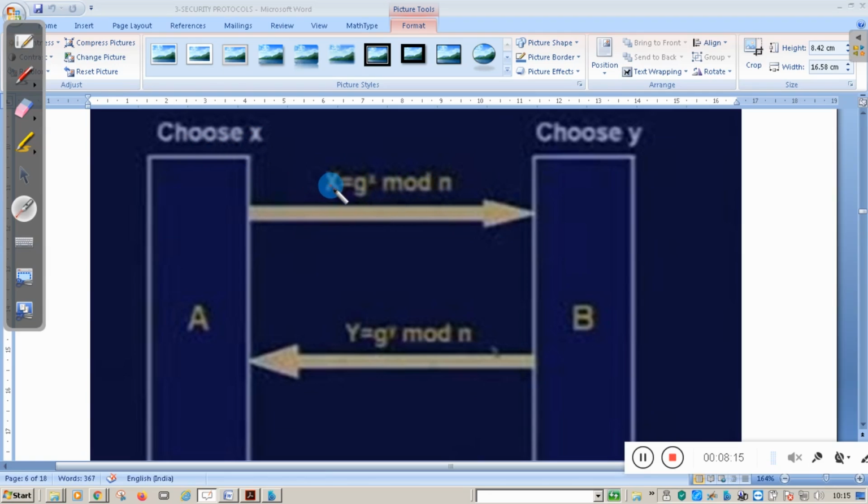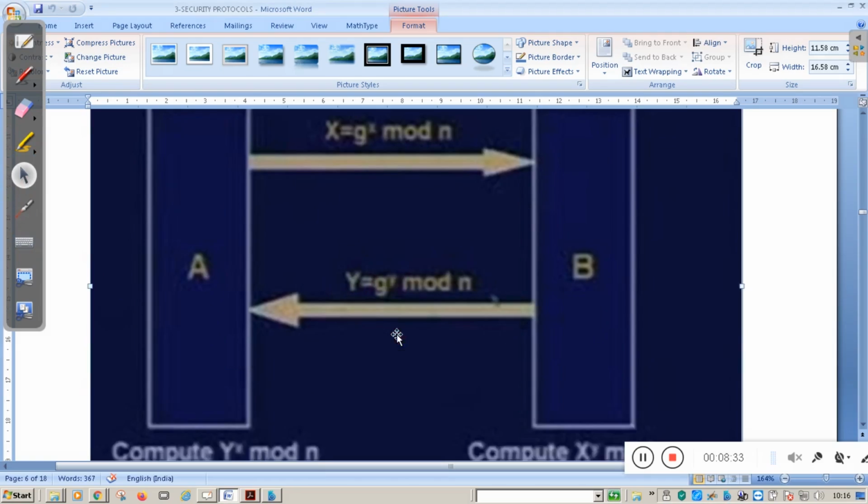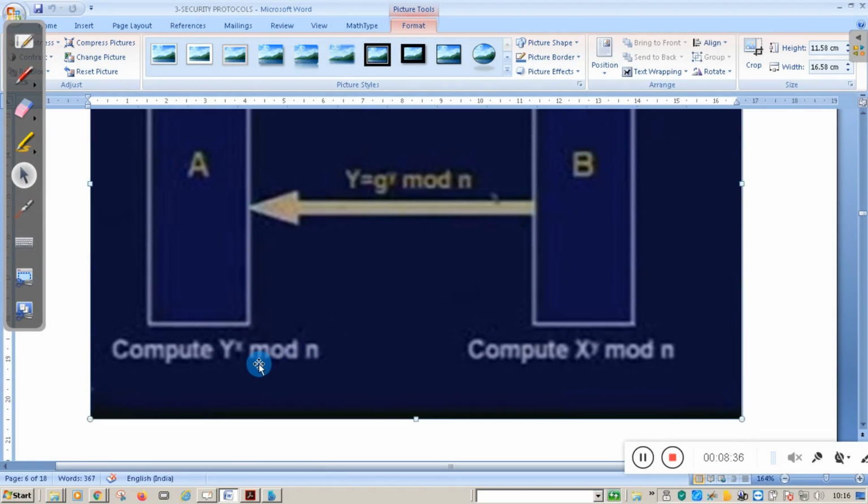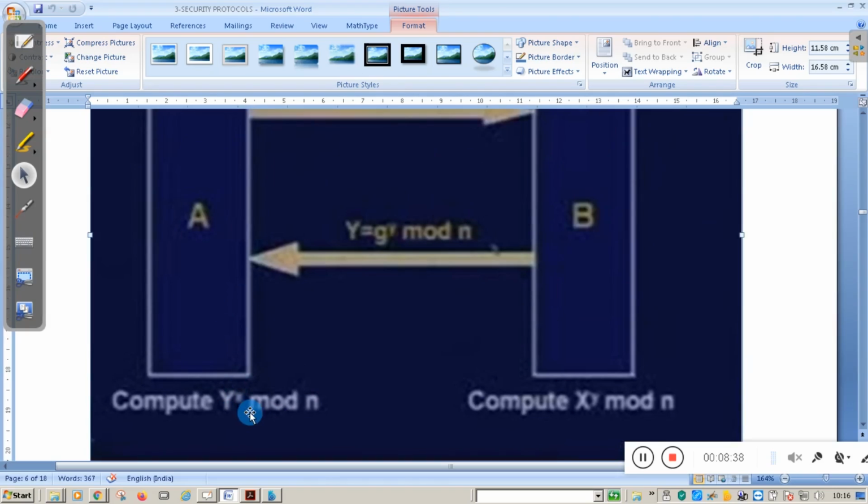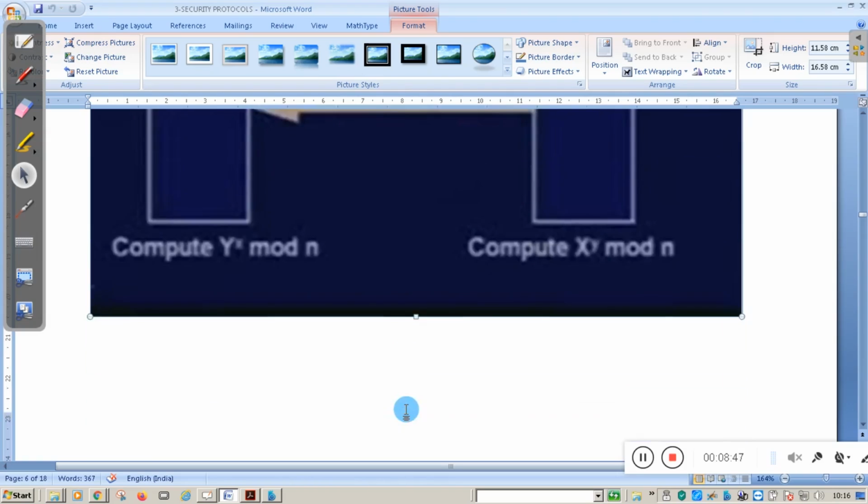Now user A calculates capital X by raising G to the power X mod n, and will send that to B. Similarly, B will calculate capital Y equal to G raised to power Y mod n. After that both will compute: A will compute Y raised to power X mod n, and B will compute X raised to power Y mod n. Both are the same, so finally both find the same key.